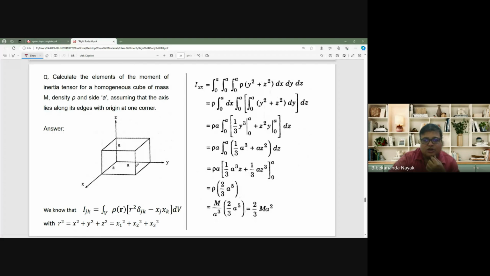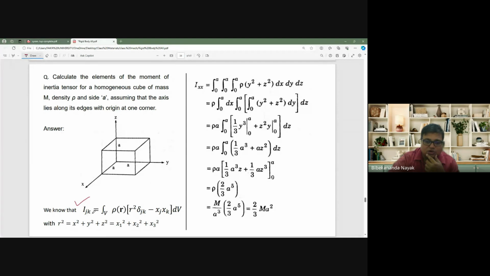So how do you calculate the moment of inertia? We use the formula I_jk is the integral over V of rho times (r squared delta_jk minus x_j x_k) dV. Here r squared is equal to x squared plus y squared plus z squared. So what is the Ixx component?